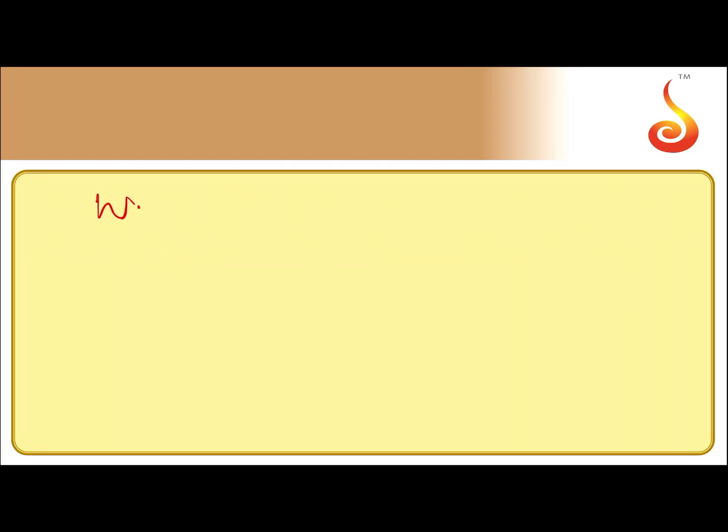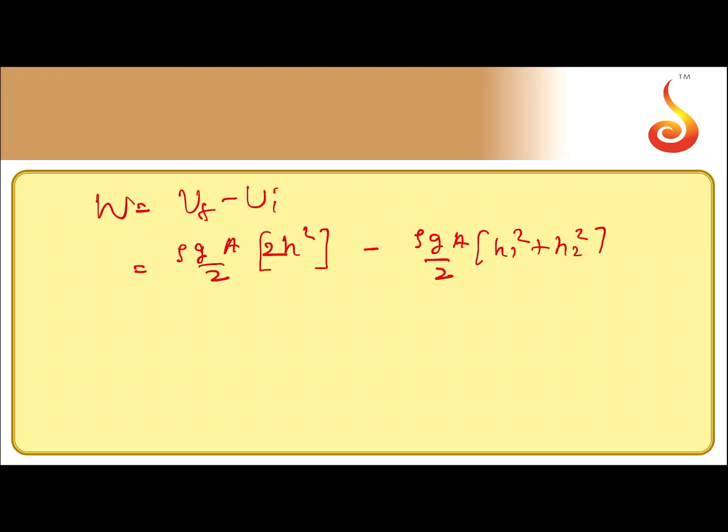So if I substitute those details, Uf minus Ui, that is nothing but rho g A divided by 2 into 2 times h square, minus, this is the final potential energy, minus initial potential energy, rho g A divided by 2 into h1 square plus h2 square, where that h again is h1 plus h2 divided by 2.